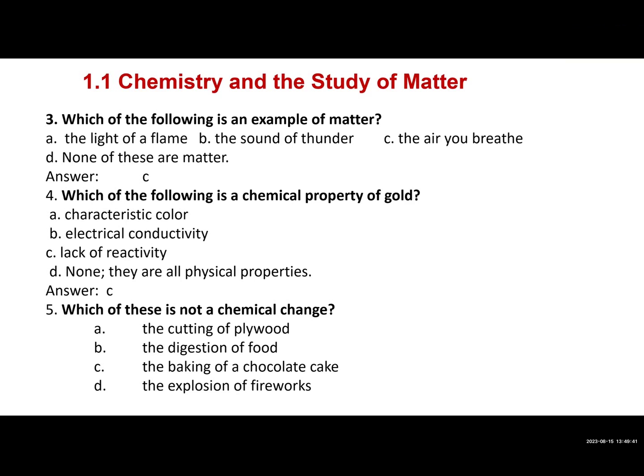Explosion of fireworks. Yeah, it would be chemical because you start with one thing and it goes into something else. So it's explosion and the smoke. Different chemicals are produced. So what is not a chemical change here? The cutting of the plywood. Okay, exactly. You got the answer.